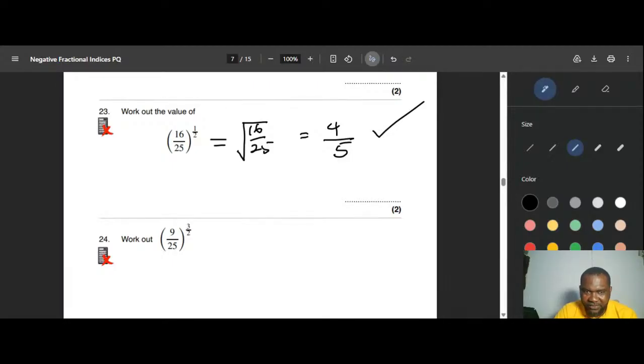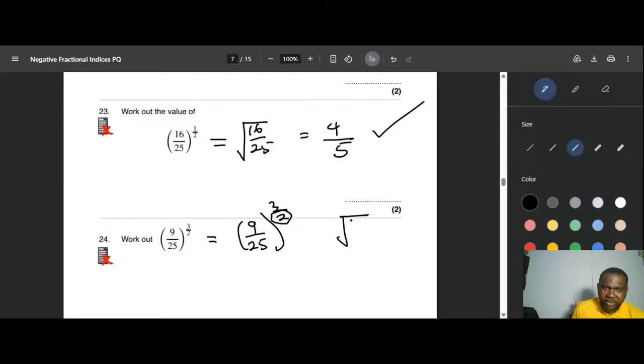Very good. Okay, let's try the second one. Now look at this. It is 9 over 25 raised to power 3 over 2. This over 2 here means square root. So I'm going to find the square root of 9 over 25, then after that, I will raise it to the power of 3. Square root of 9 is 3. Square root of 25 is 5.